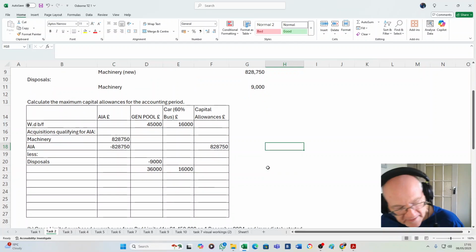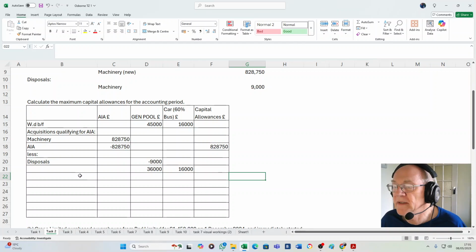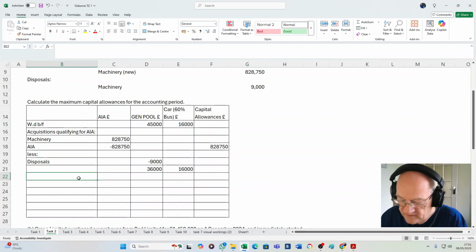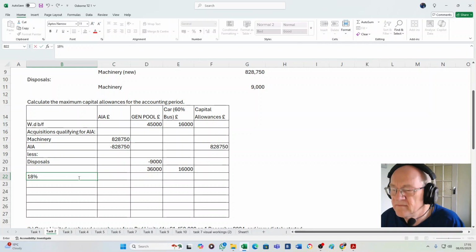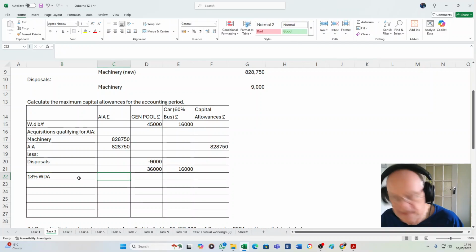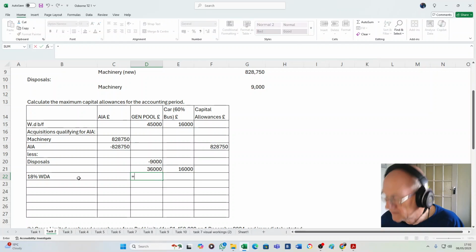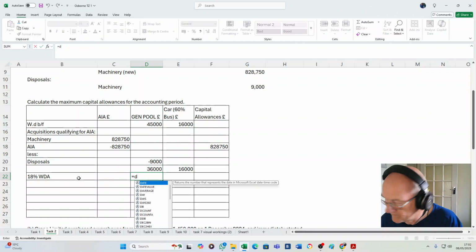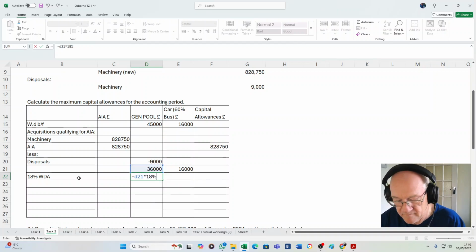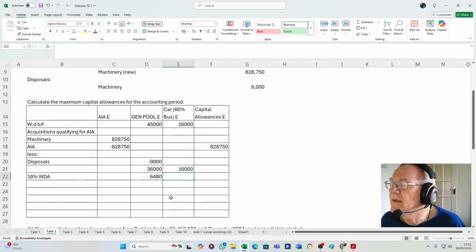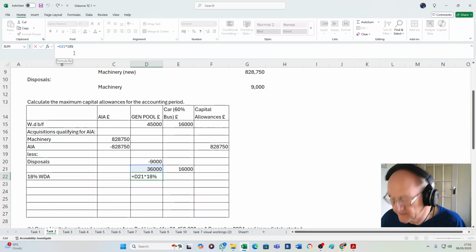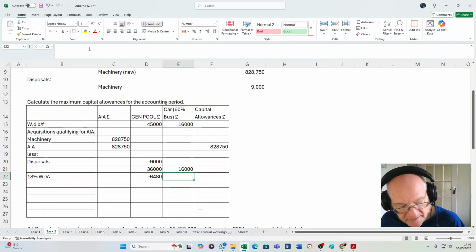Now we've got the serious workings out, we have got the WDA. Again, if you've got enough rows, we can split this up a little bit. I'll have a look, see how many I've got in a minute. WDA, so that's nice and easy. 6480, that does really need to be a minus figure, just to show 6480.